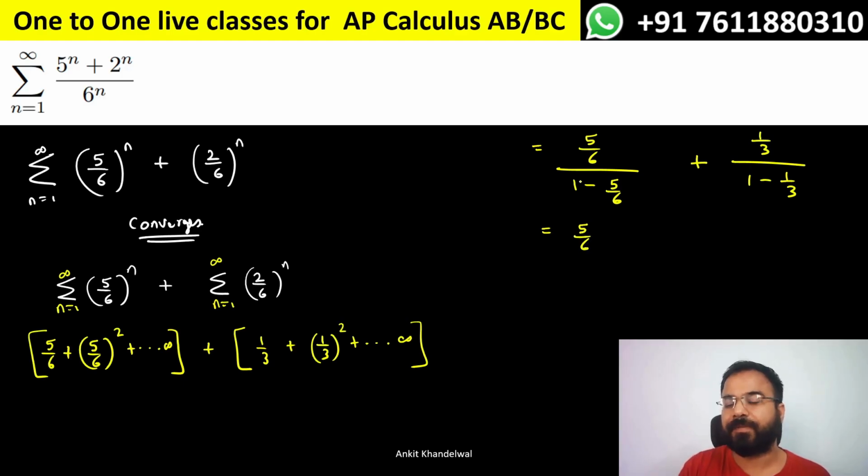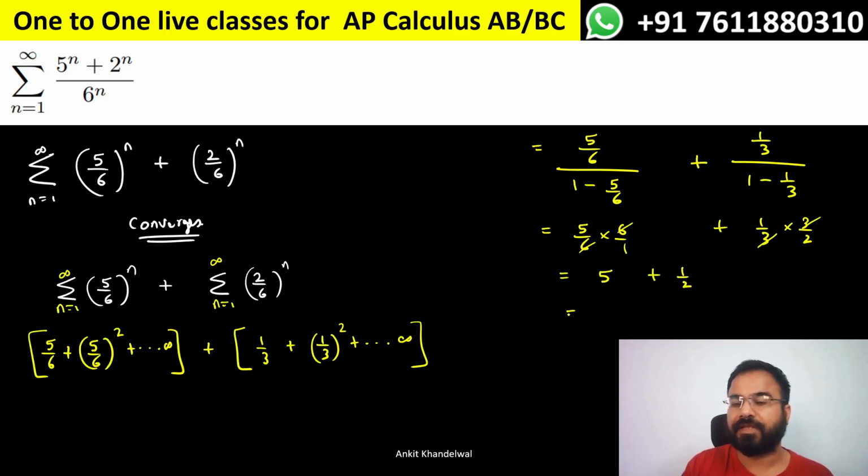So here 5 by 6, and 1 minus 5 by 6 is 1 by 6, which gets reciprocal and becomes 6 by 1. Here 1 minus 1 by 3 is 2 by 3, which gets reciprocal and becomes 3 by 2. The 3 cancels, the 6 cancels, so it is 5 plus 1 by 2, that is 11 by 2. So it converges and the sum is 11 by 2.